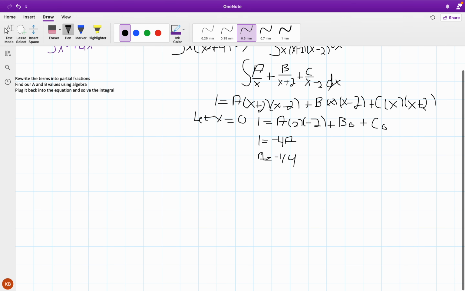Alright, we're going to do this again. So we're going to let x equal positive 2. When x equals 2, our A is going to cancel because 2 minus 2 is 0. Our B is going to cancel as well for the same reason. And our C is not going to cancel, so we will be able to solve for it now.